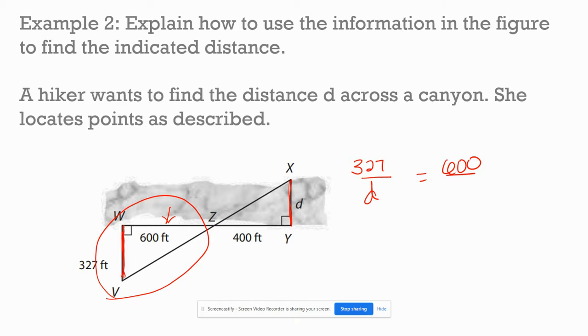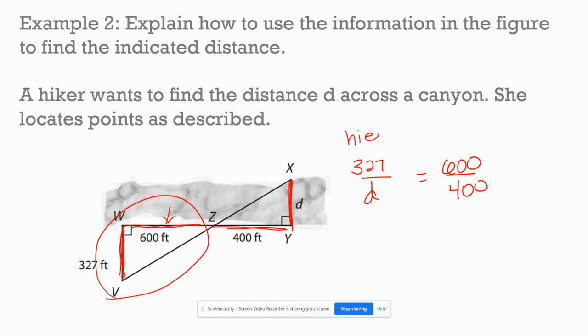I have to start with this triangle again. And then on the other side, the piece of information that I have is 400. Make sure that you compare the same items. I know that d is talking about the height of the triangle, so that's why I made sure to choose this piece right here. And then 400 is the base for both of these triangles.